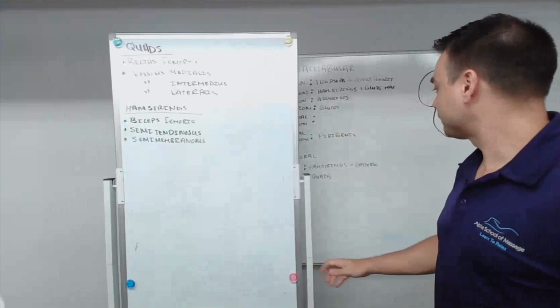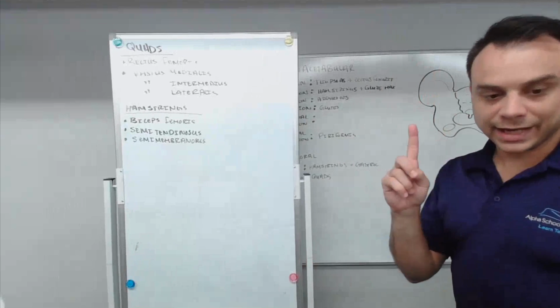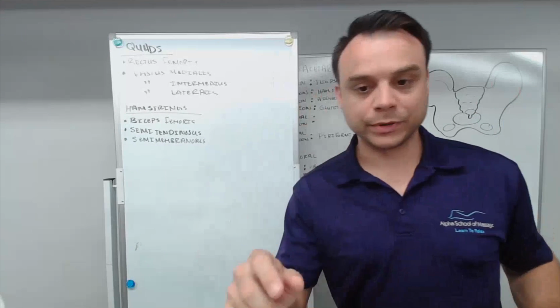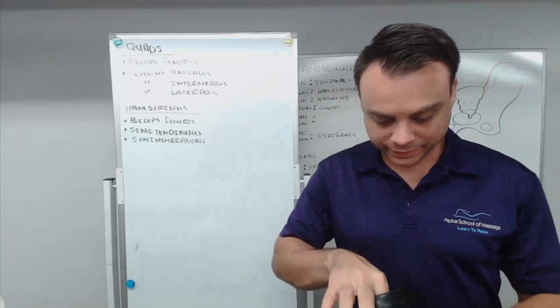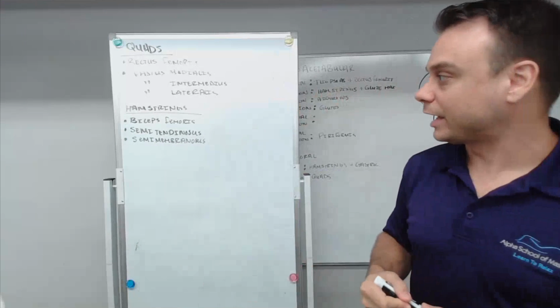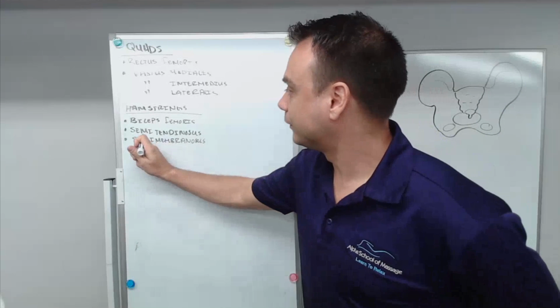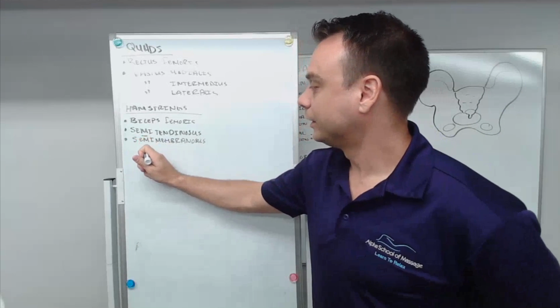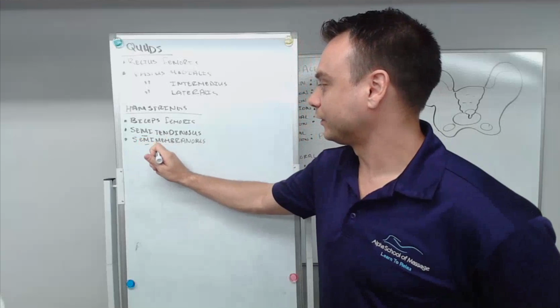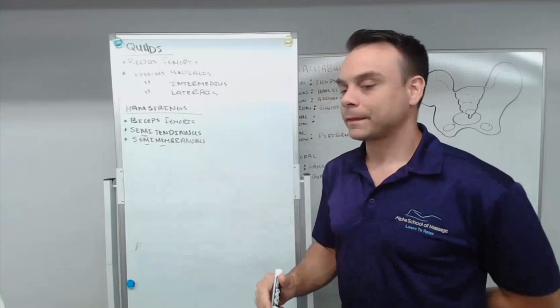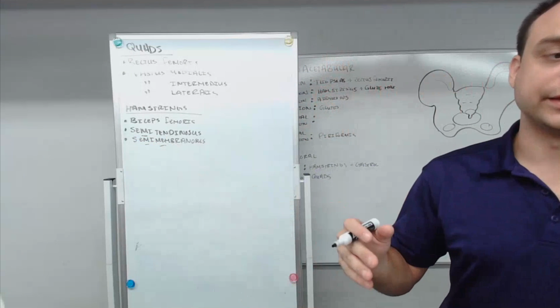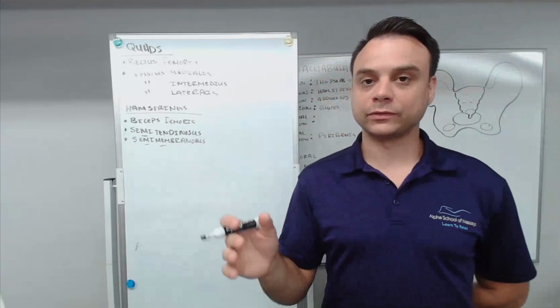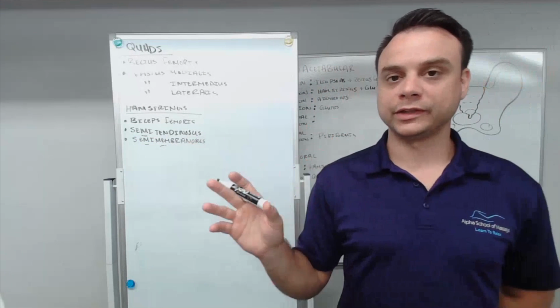So one, biceps femoris doesn't have an M in the name. So that means it's not on the medial side. So we have semitendinosus, semimembranosus.